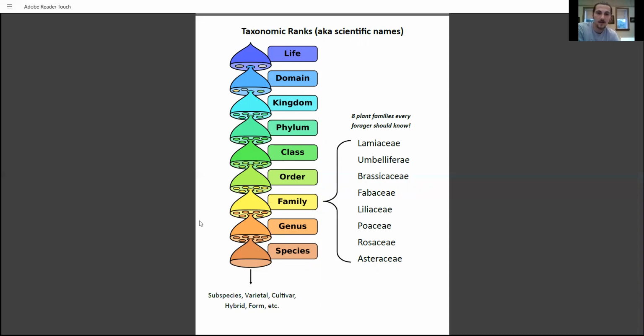It's a very quick way that we can say, okay, here's this plant. It's very prolific. It's found in places all over the world, which means that a lot of different people interact with it, which means that a lot of different people have different names for it. And there can be a lot of confusion if I'm trying to talk about plant A and I show it to you and you say, that's not A, that's B.